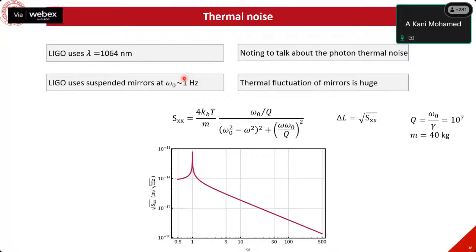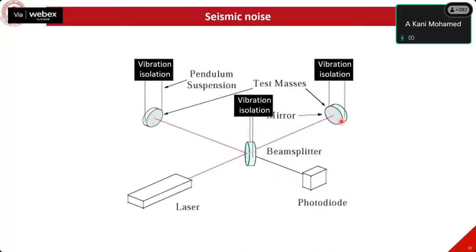The thermal fluctuation in the mirrors is very huge. Even if there is no gravitational wave, there is always going to be a fluctuation on these mirrors. So that's actually going to give a noise on our measurement.